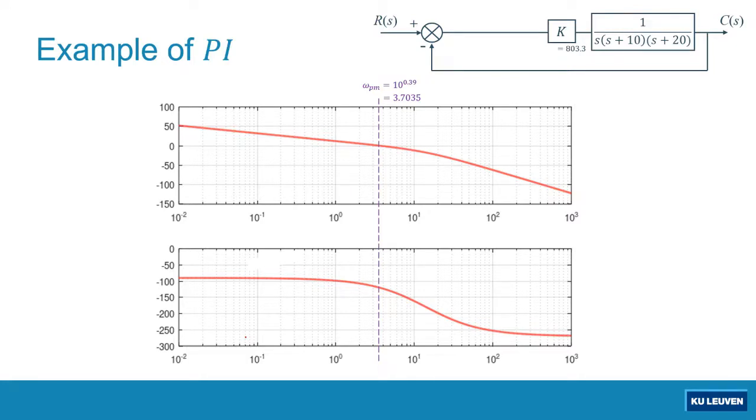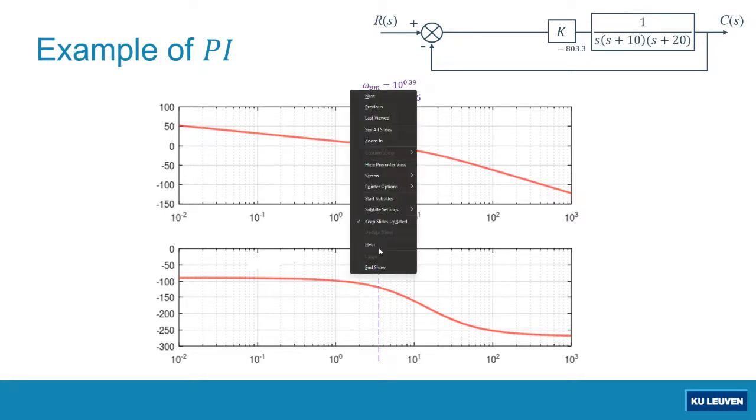How to eliminate it? Because currently we have a type 1 system, we need to upgrade it to a type 2 system. That means we need to introduce the dynamic part of the PI controller.